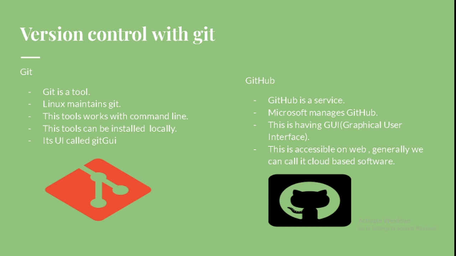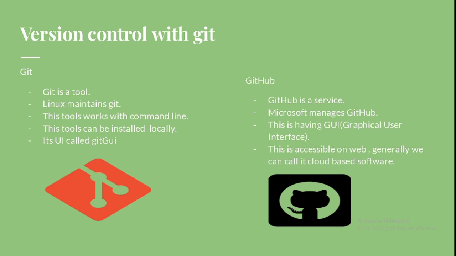As I have already told you, Git is a version control system. So either it is GitHub, or GitLab, or Bitbucket, all of those have the core feature of Git, because it is providing us the version control system.